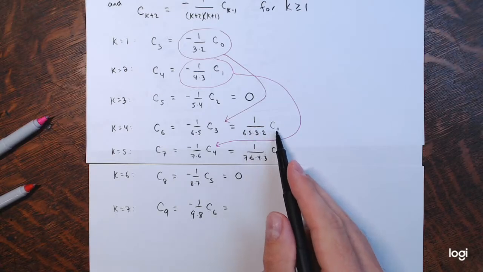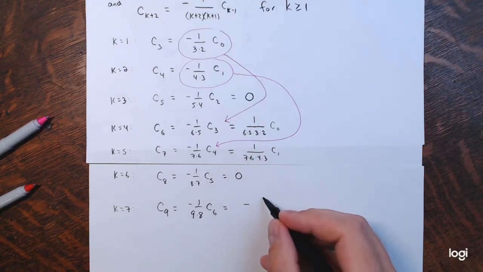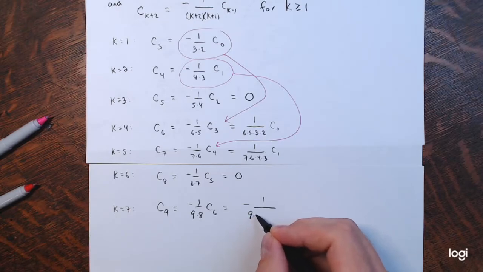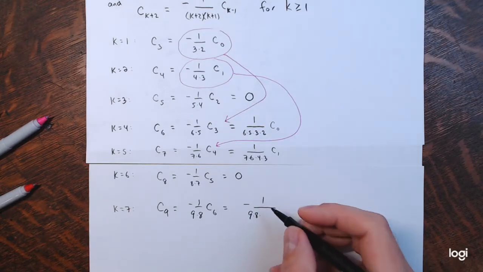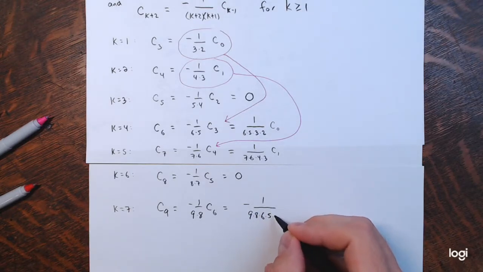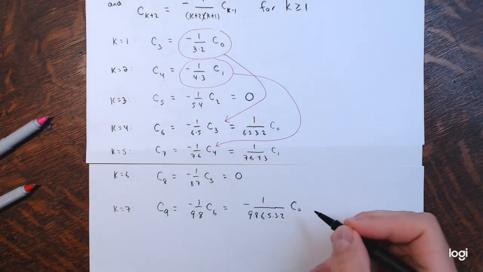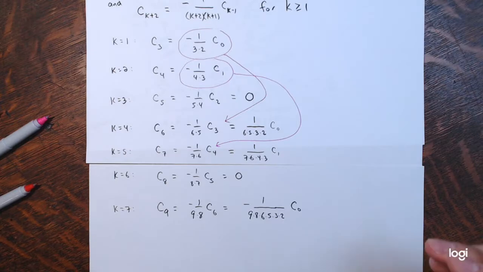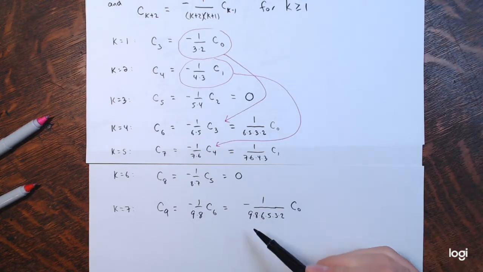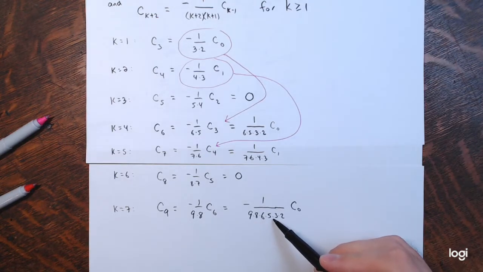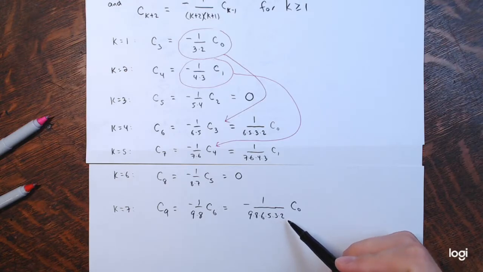So replacing this with C6, negative 1 over 9 times 8 times 6 times 5 times 3 times 2 times C0. So again, it's not quite 9 factorial. It's missing a 7 and then 4 and 1.